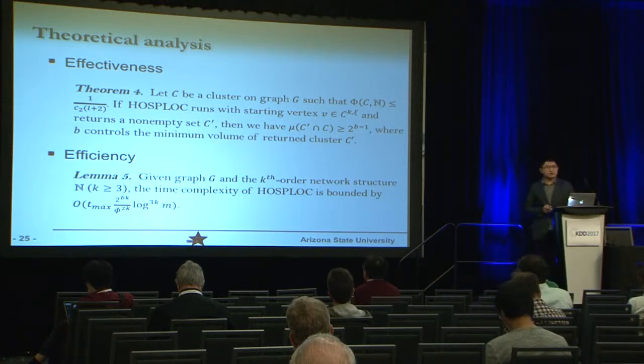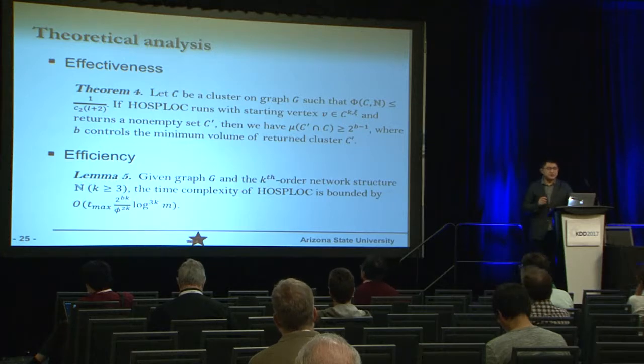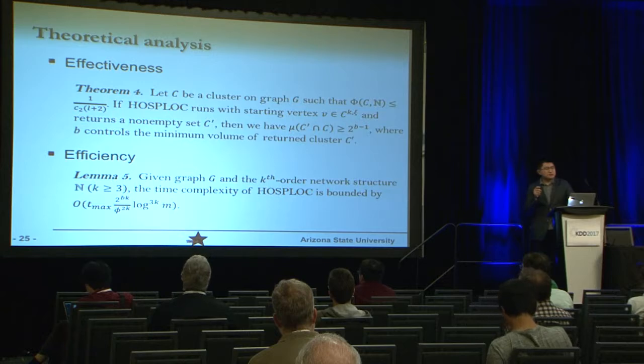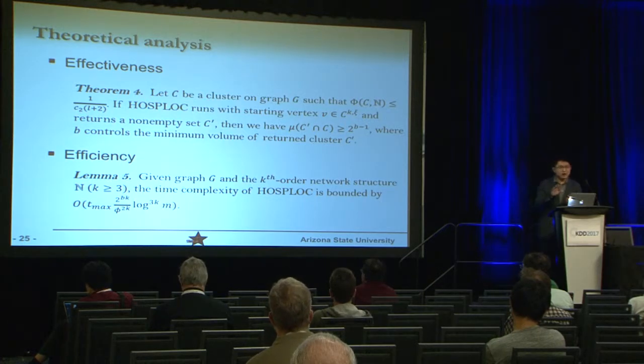In theorem 4, we show that suppose we have a cluster C on the graph G, and we choose an initial vertex V from the diffusion core of the cluster C. When some mild conditions are satisfied, the volume of the intersection of C and C prime is larger than 2 to the B minus 1, where C prime is the non-empty cluster returned by our algorithm.